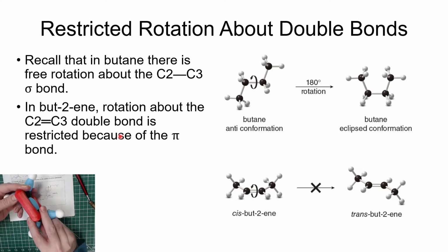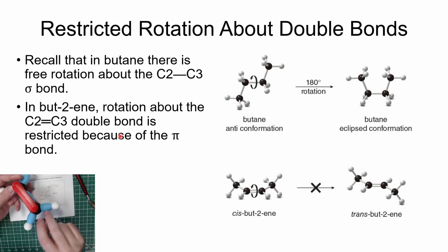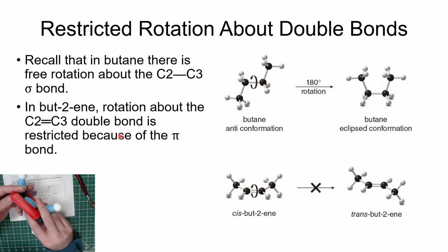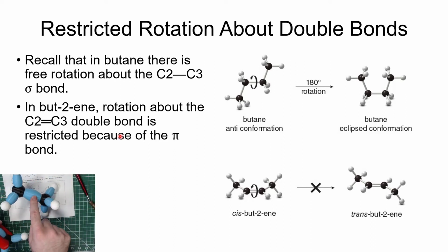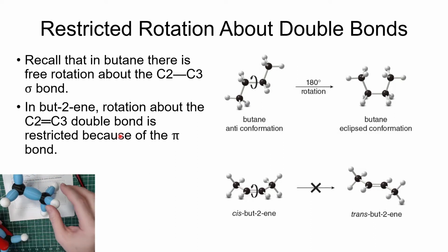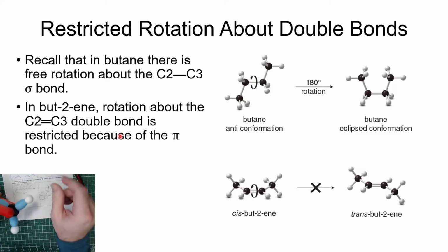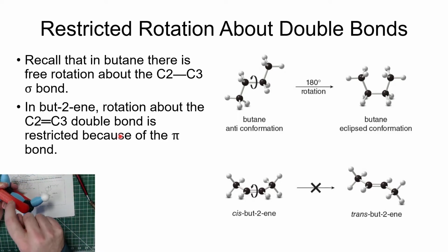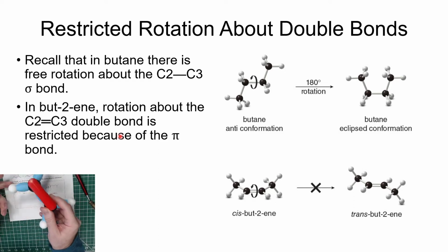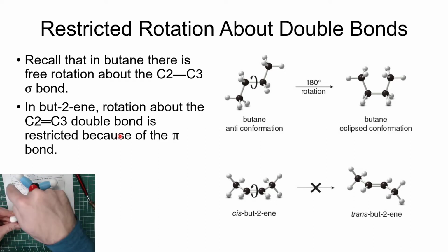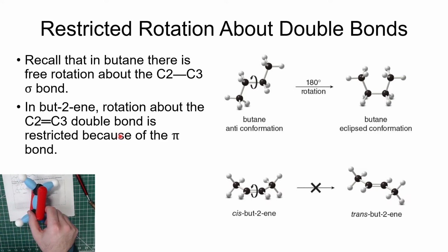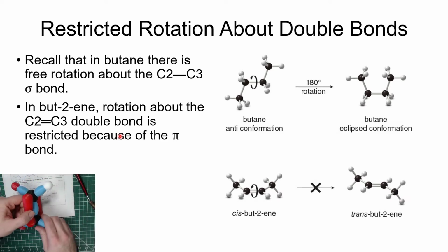Because of the pi bond, it's not possible to rotate about this carbon-carbon bond. At least it's not possible under normal conditions. At room temperature for the alkane, you can rotate easily. In fact, it rotates dozens, if not hundreds of times a second. But in the alkene, there is no free rotation. That means if you have different atoms attached, and I just happen to have some different atoms attached, I don't have methyls attached, but I have different atoms.